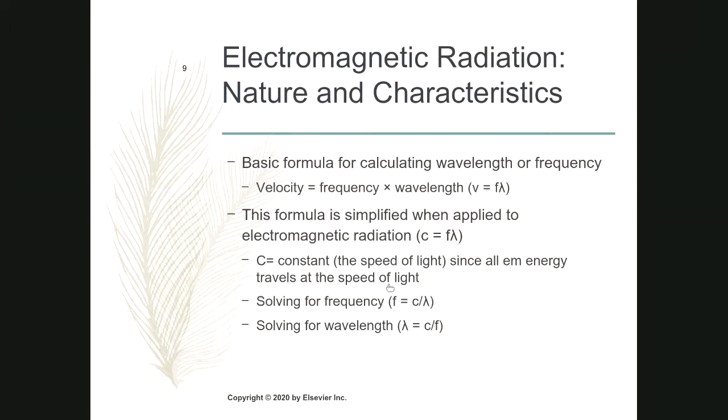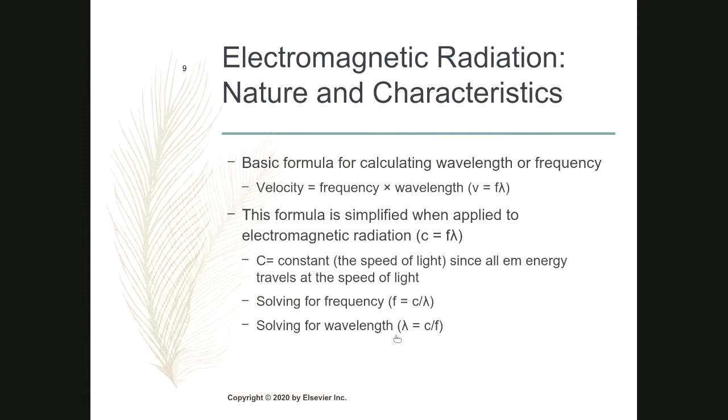So when you change the formula and you're speaking about electromagnetic radiation, you could calculate the frequency or the wavelength because this number is always going to be a constant. If you were solving for frequency, you simply move that to the other side of the equation. So frequency would equal the speed of light divided by the wavelength.